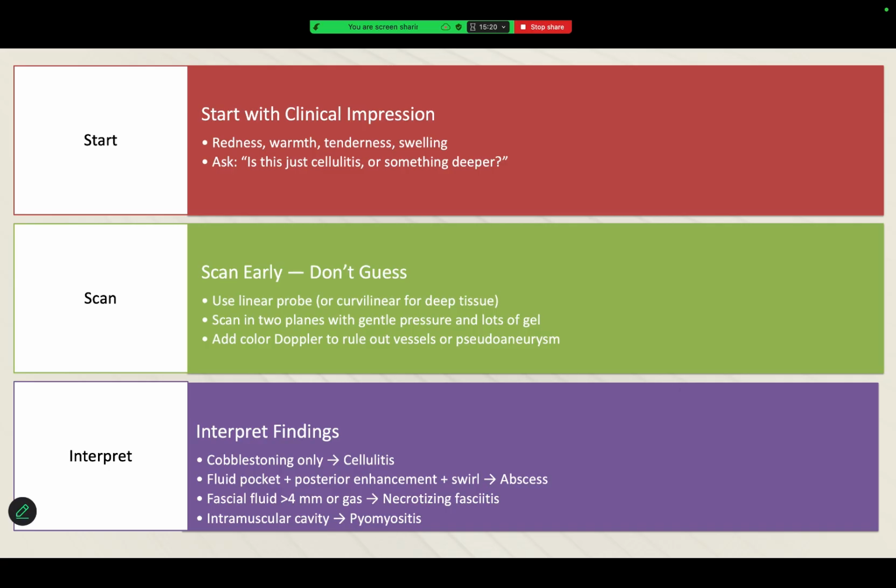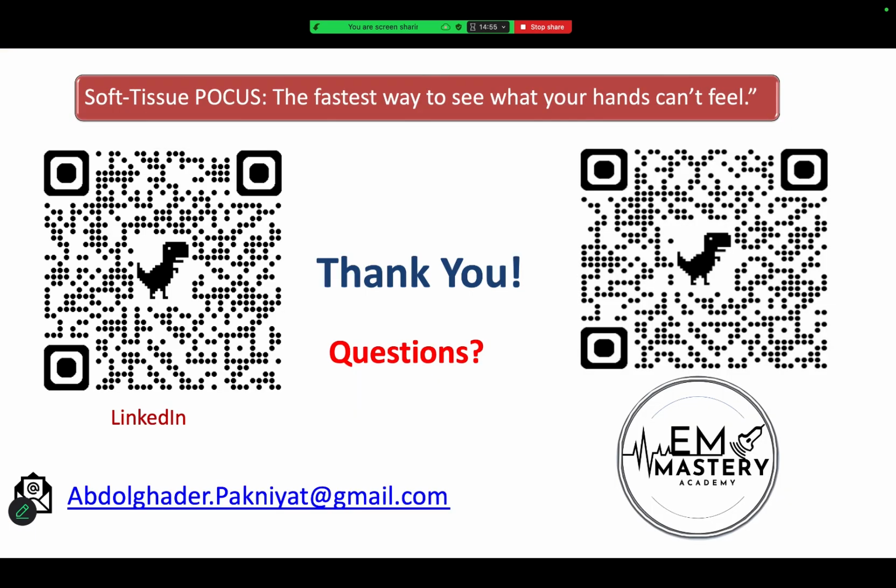I need to be more invasive in this case, start antibiotics with good coverage and do some more investigation just to confirm whether it is necrotizing fasciitis or not. And if I find any abscess inside a muscle, it is pyomyositis, and this one needs different approaches and different management. So soft tissue POCUS is a very fast way to see what our hands cannot feel.